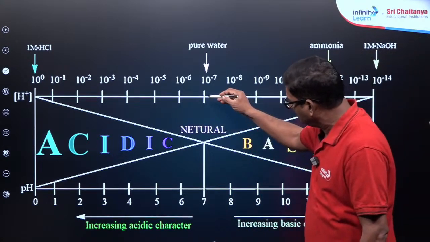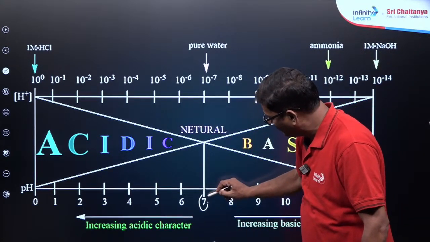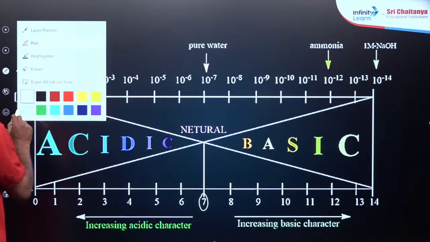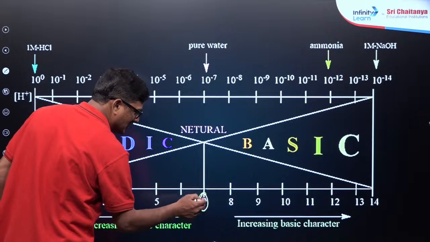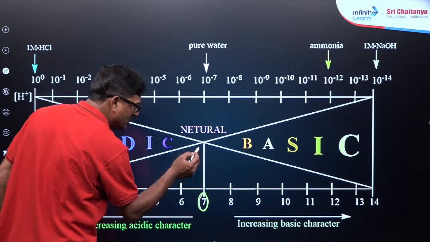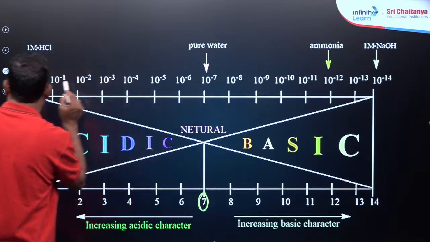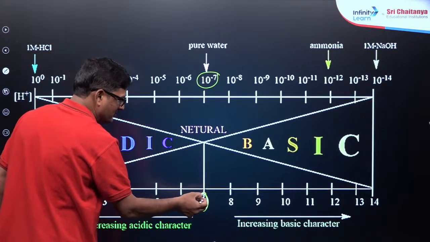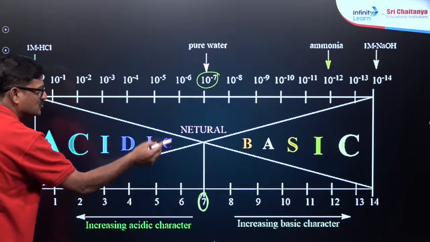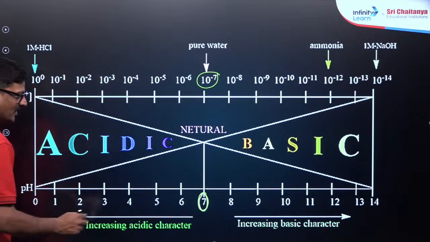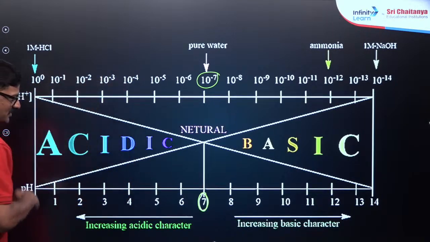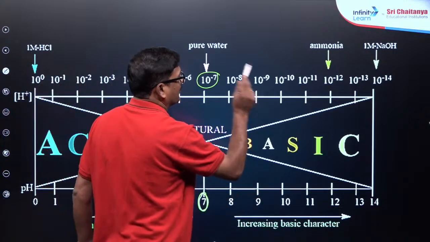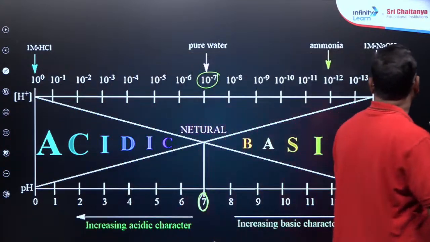So you can see pH is equal to 7. Carefully you see, pH is equal to 7. When pH is 7, the H plus concentration is 10 power minus 7. When pH is less than 7, H plus is 10 power minus 6, minus 5, and for 4 it is 10 power minus 4, and so on.